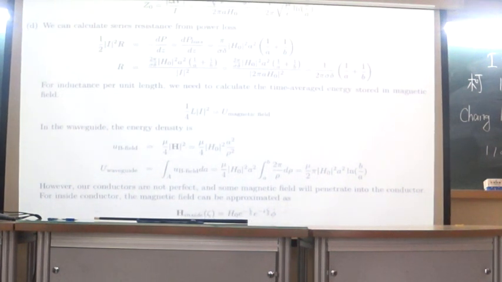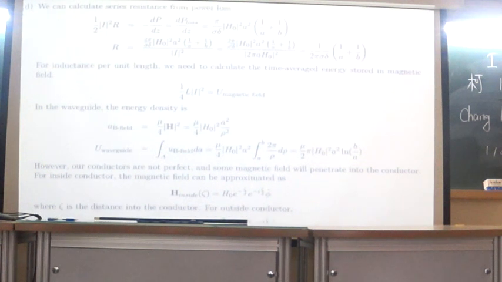So for the energy stored in the magnetic field, you need to calculate not only the volume inside the waveguide, but also the magnetic field inside the conductors. For the magnetic field inside the waveguide, the energy density u is equal to mu over 4 times H squared, and this formula can be found in last semester's chapter 5 or earlier.